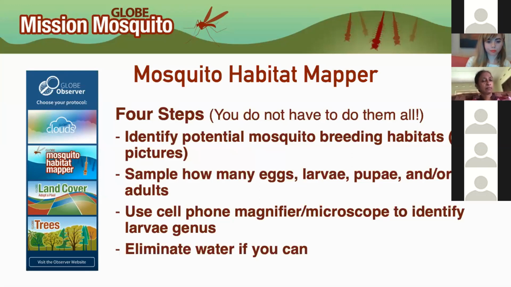Because basically there are 3 different species or 4 genera of mosquitoes which transmit most of the diseases that we know about. And so we walk you through on the app how to go ahead and identify what kind of mosquito larvae you have. Now, you don't have to do that.